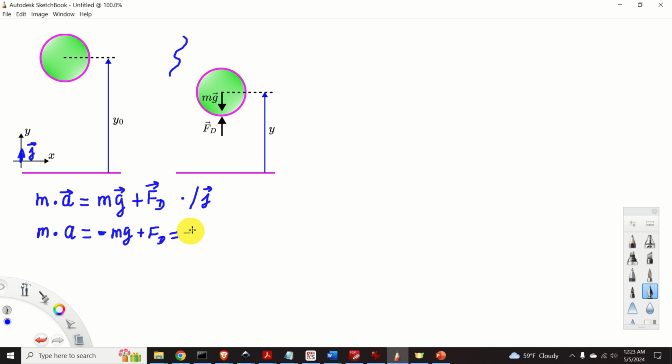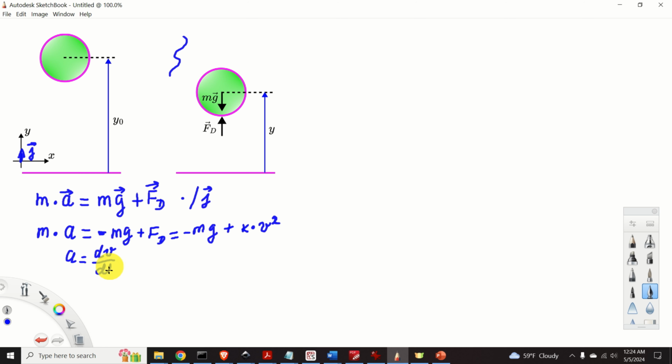Taking into account the expression for Fd, we can write this equation like this: k multiplying velocity squared. Next, we can write the acceleration as a is equal to the first derivative of velocity with respect to time.